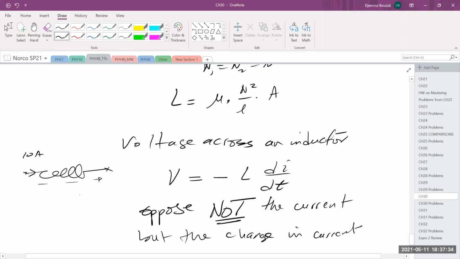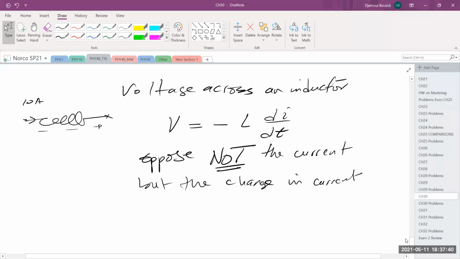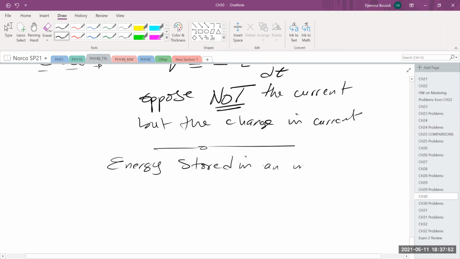So this thing can be useful to store energy. There is a lot to discuss in this chapter. This is one of the richest topics in this class. Energy stored in an inductor. So imagine with me the following scenario.